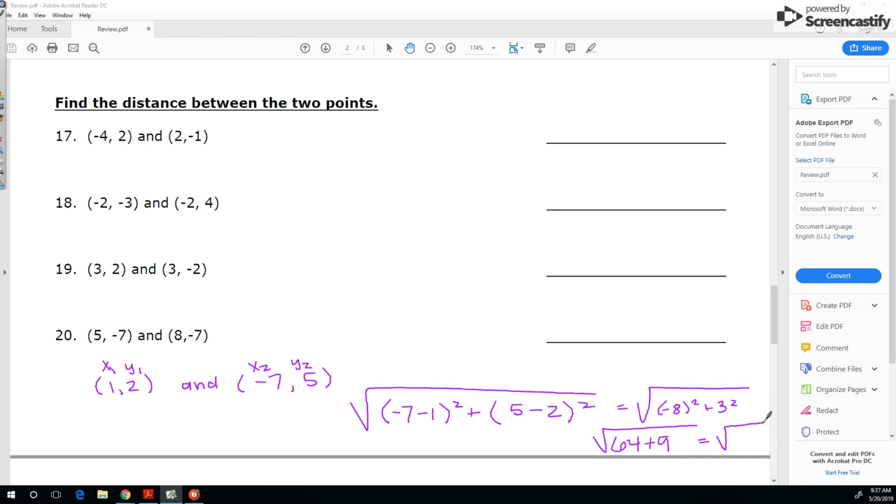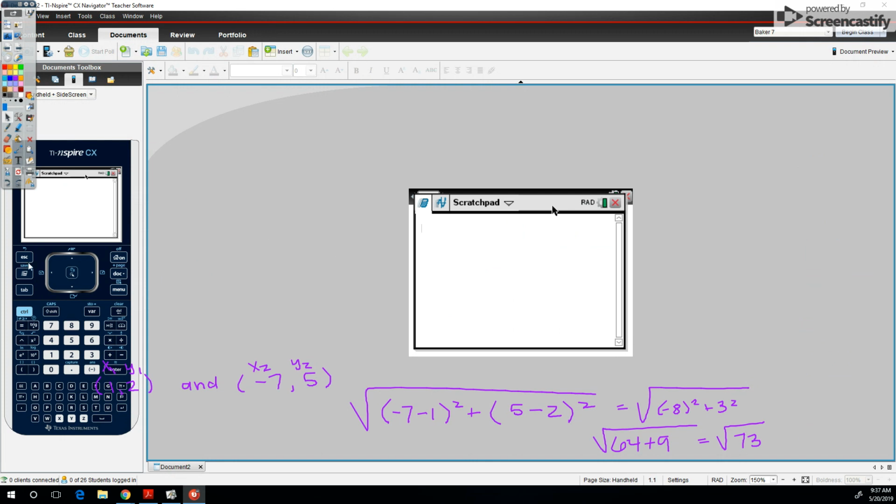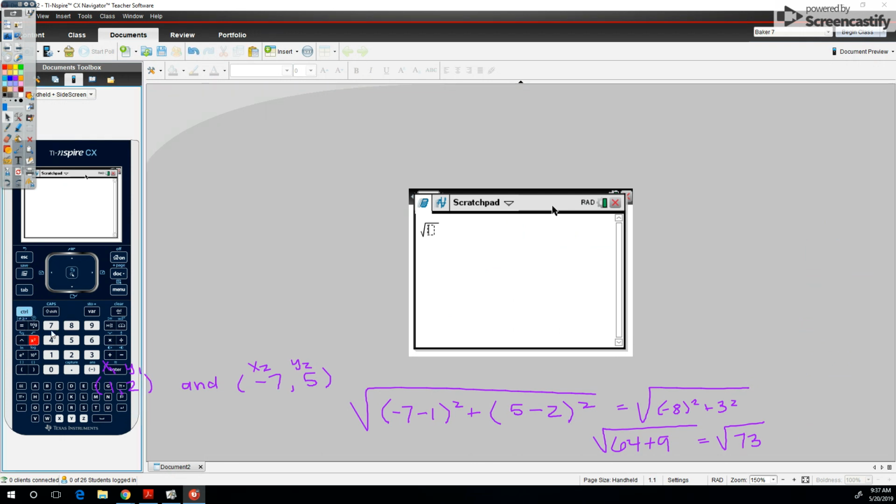Adding those together, we get 73. So that would be my exact answer. And I would go to my calculator and the square root of 73 would be about 8.5.